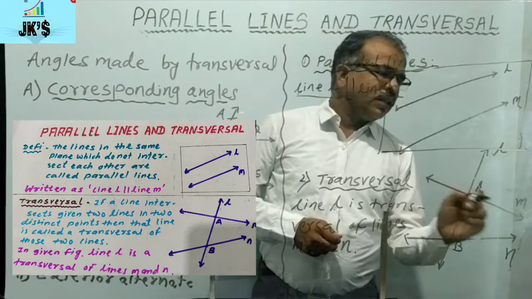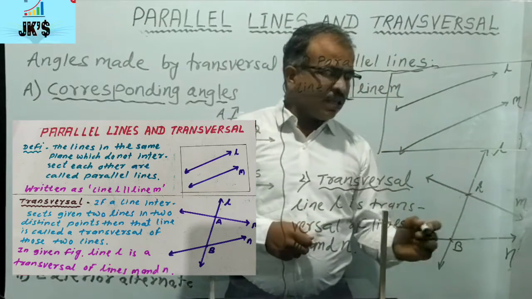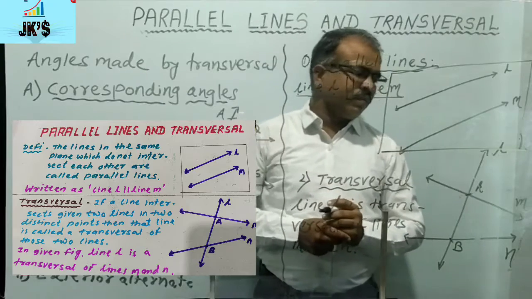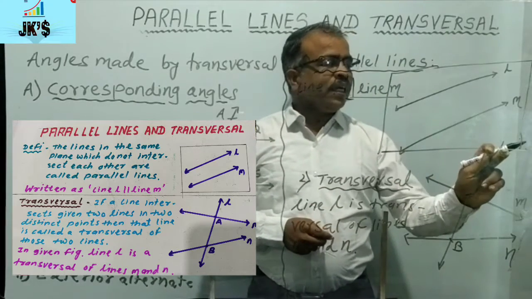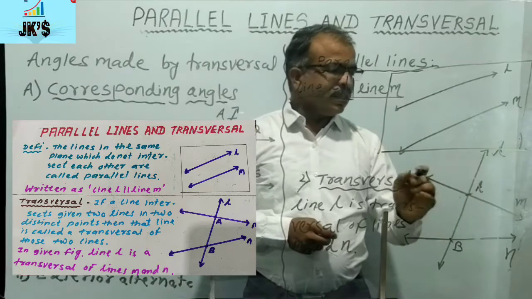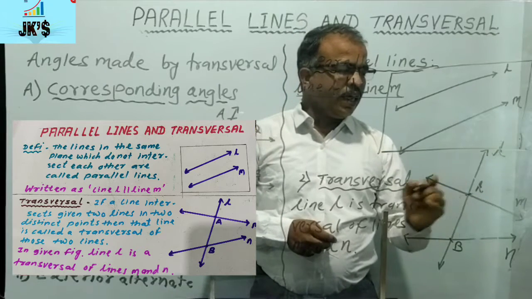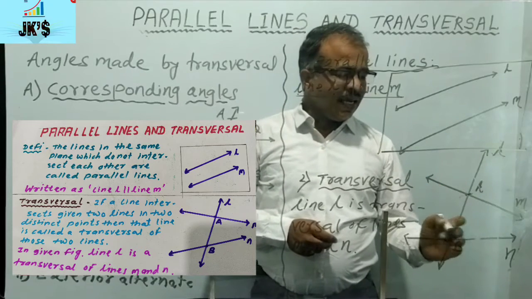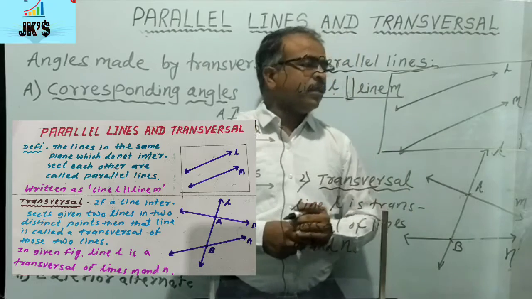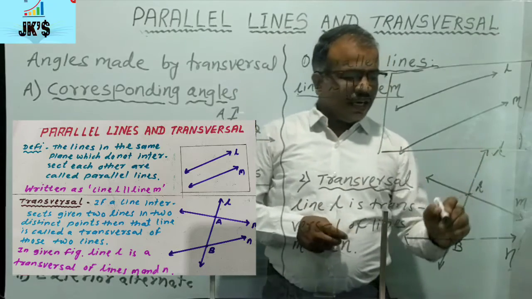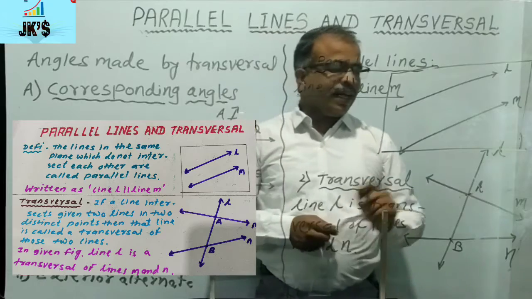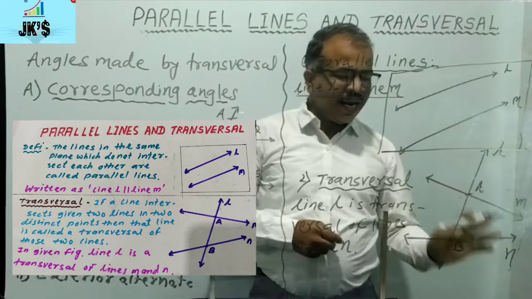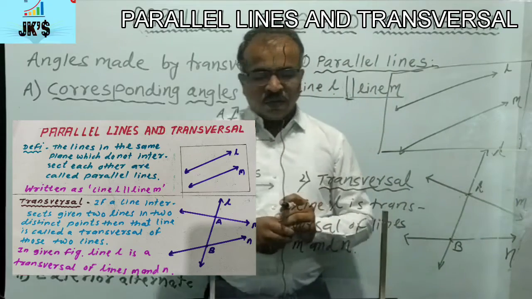Suppose here, this is line M and this another line N. The third line L intersects line M at point A and line N at point B. So this line L is known as the transversal of lines M and N. Okay?